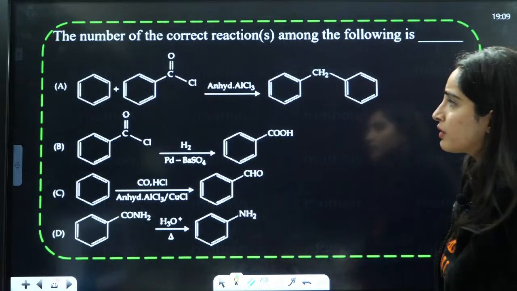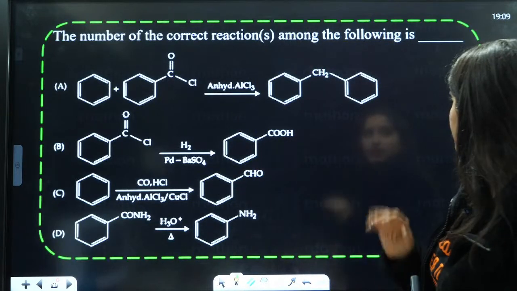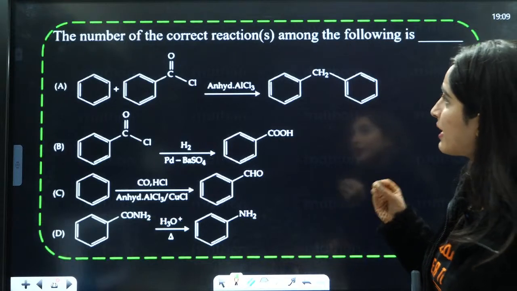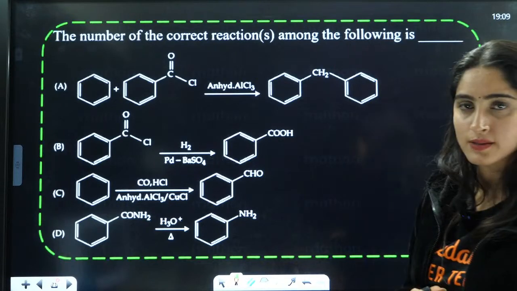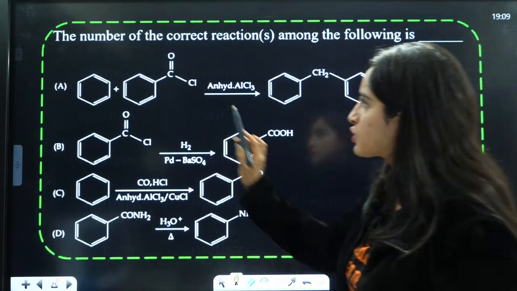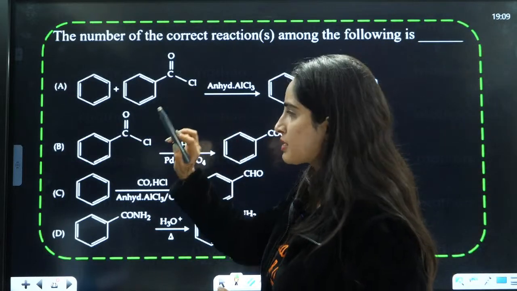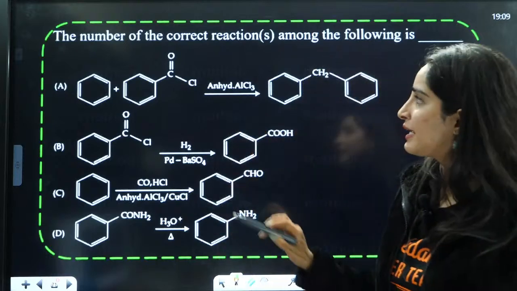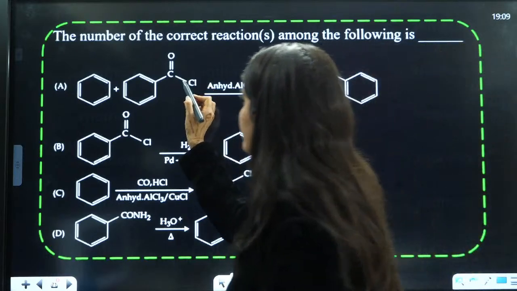Okay. Now, see this question: the number of correct reactions among the following is. Now see, 4 reactions they have given you. First you have benzene, COCl, anhydrous AlCl3. Definitely this kind of electrophile will be formed, right?